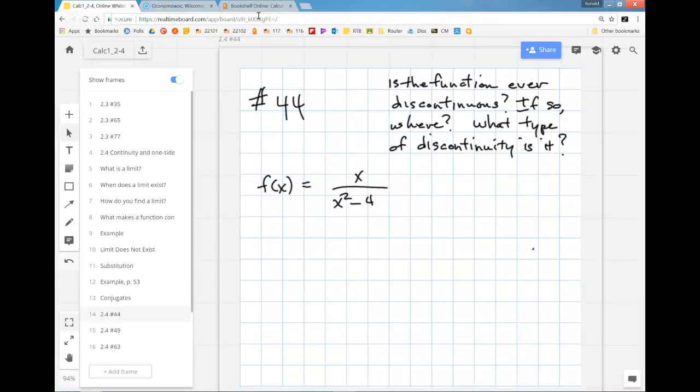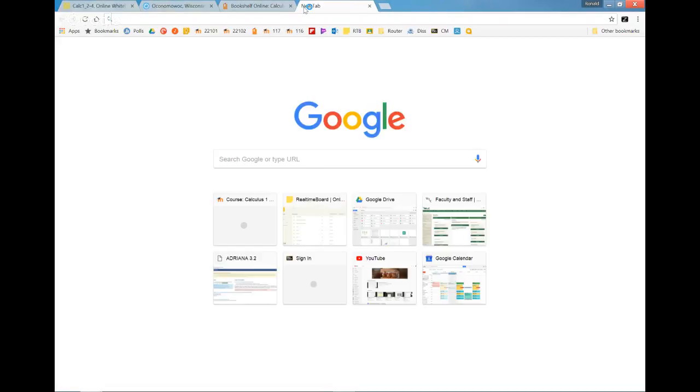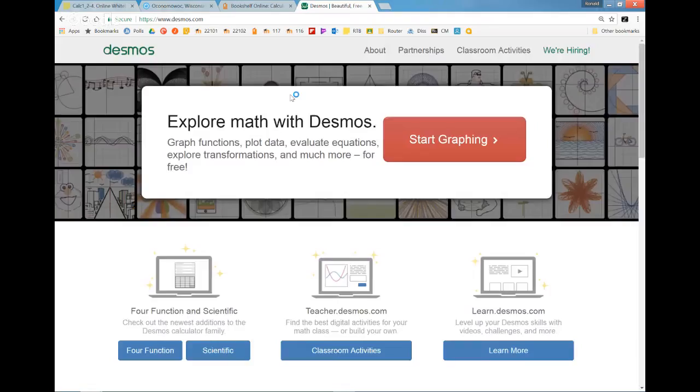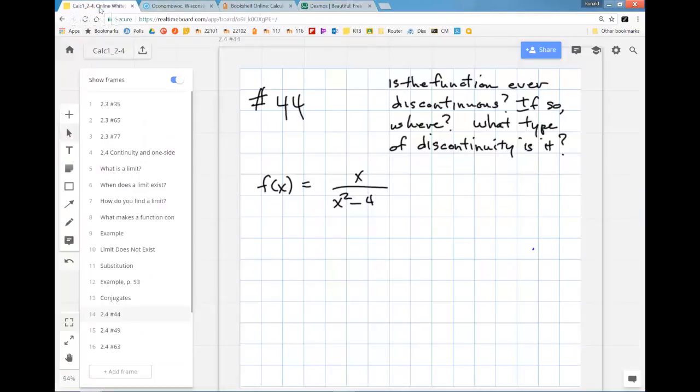So at -2 and plus 2, you would have asymptotes. Here, let's just take a quick look. Need my keyboard again. So what did we have there? x over x squared plus 4.